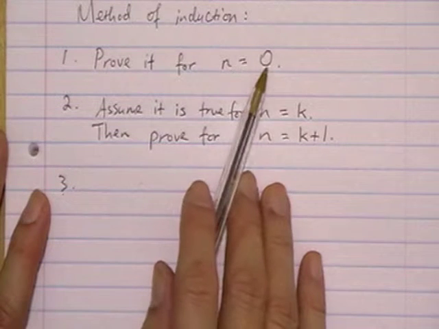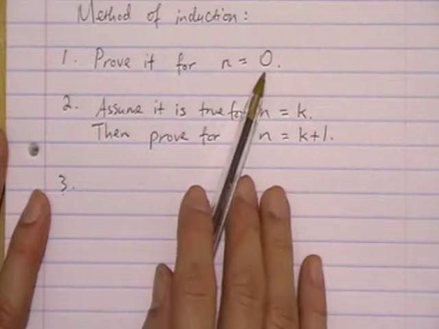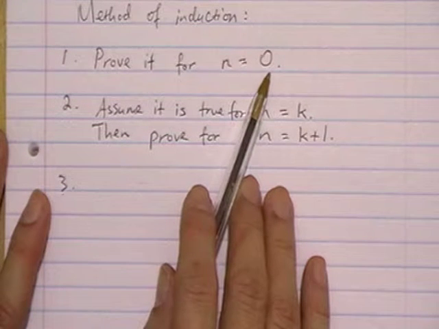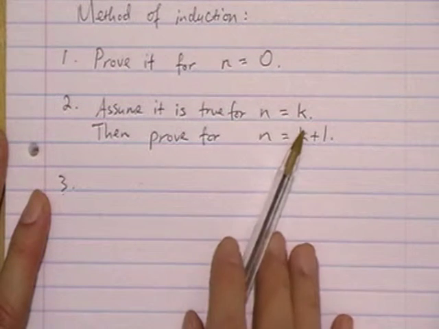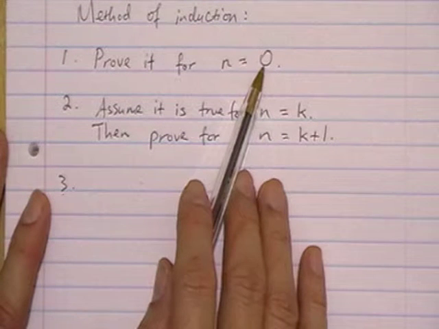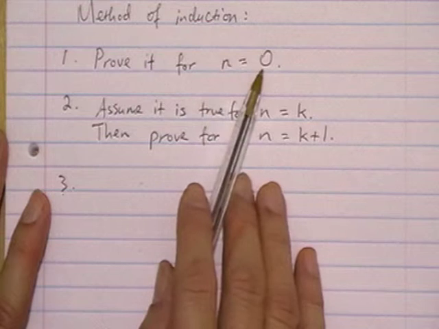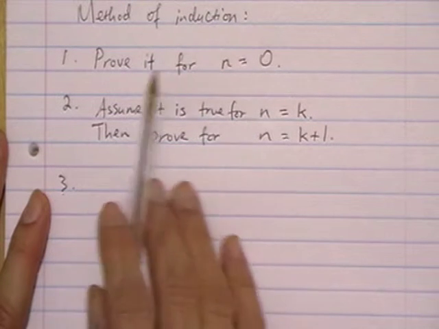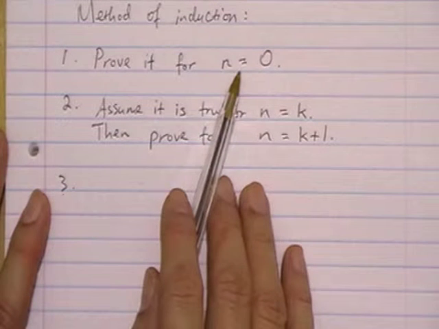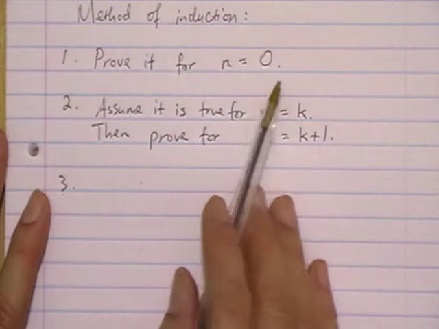And since I've proven it for the starting number where n is equal to 0, therefore step 2 shows that since it is true for n equal to 0, it must be true for the next number, which is n equals 1.